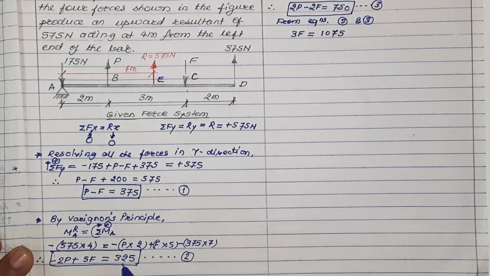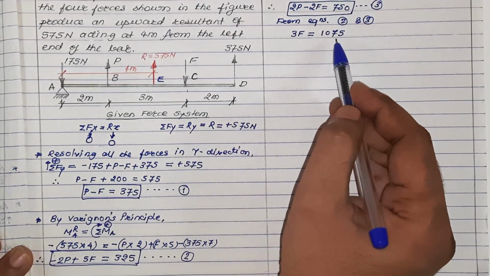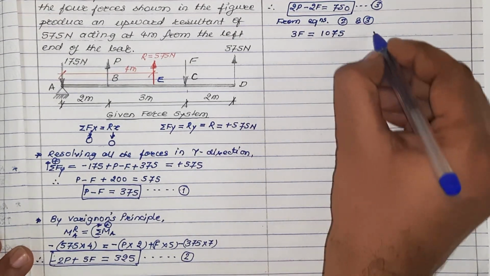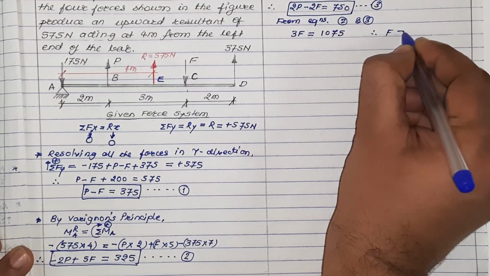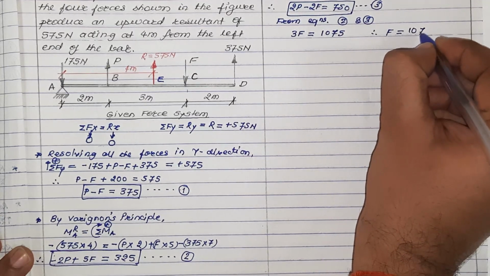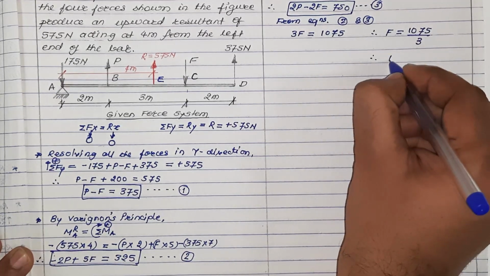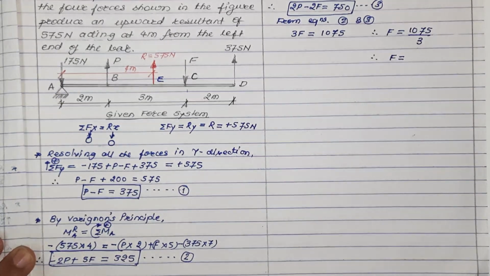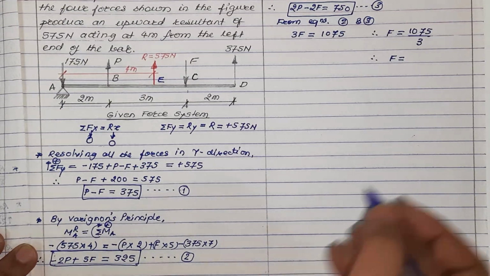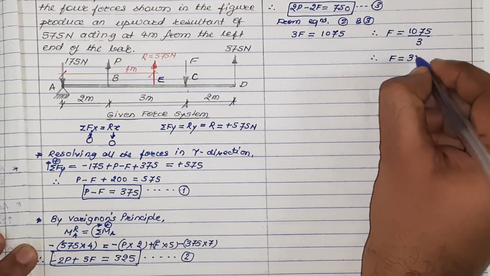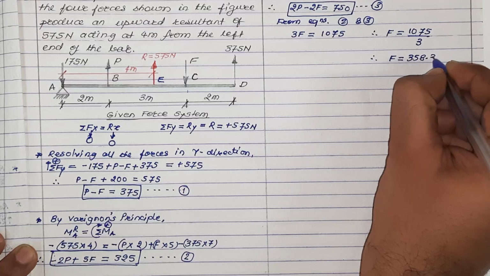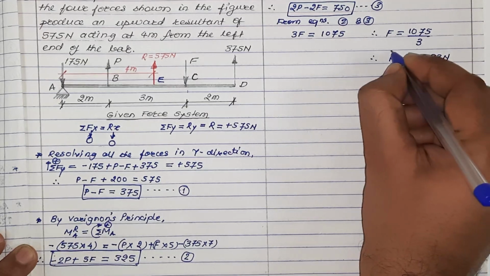All right, 325 plus 750 is 1075. Hence, F is equal to 1075 divided by 3. So the final answer for F is 358.33 Newton.